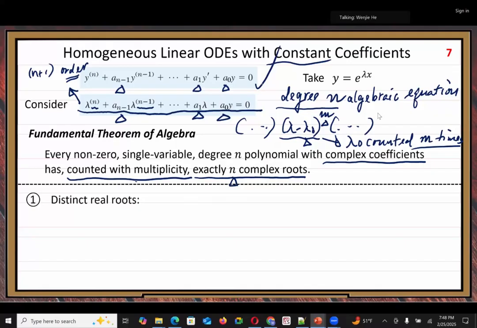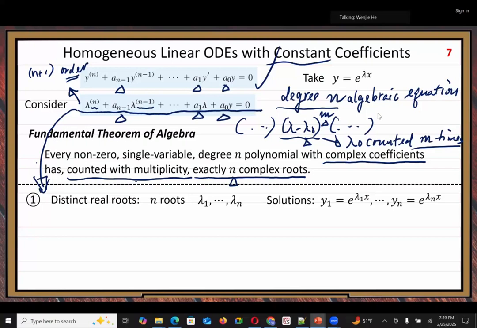The characteristic equation has n distinct real roots, the simplest case. Then there is no multiplicity higher than 1, and all these lambda numbers are different. Then the solution is straightforward: y1 equals e to the lambda 1 x, and so on, up to yn equals e to the lambda n x.